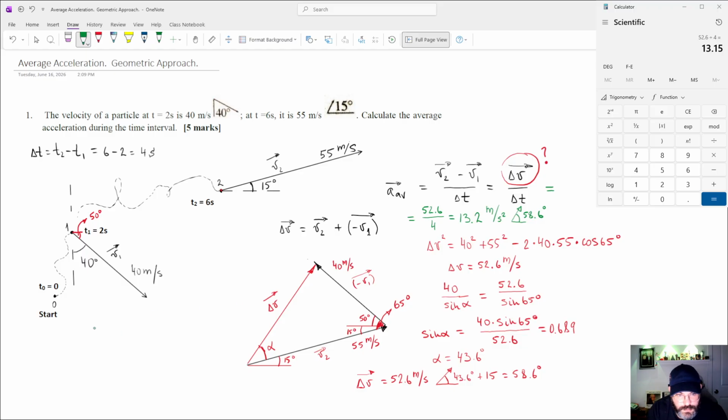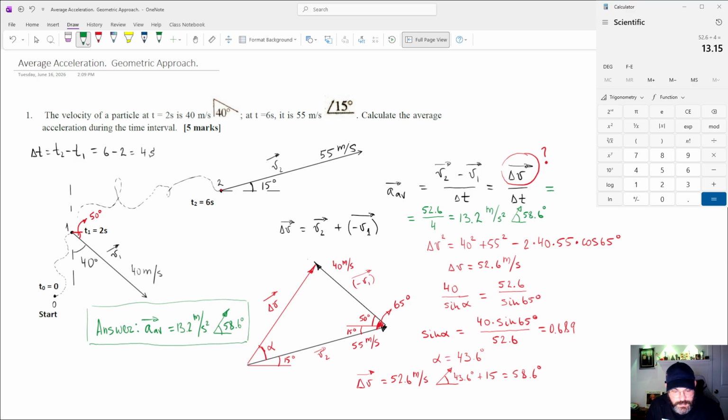So our average acceleration. So we can write down our answer here. Let's say our average acceleration vector is equal to 13.2 meters per second squared at 58.6 degrees relative to the horizontal line.